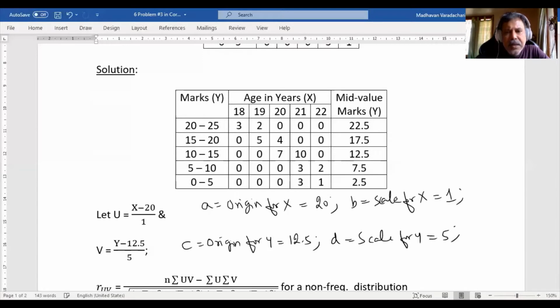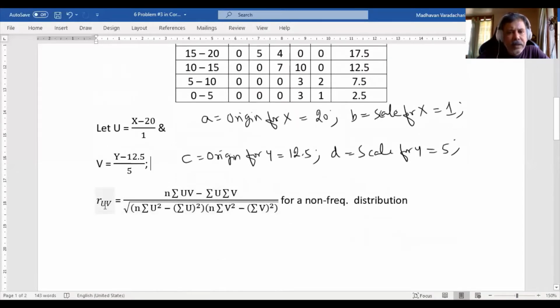Why 5? Because if you look into 22.5 minus 12.5 will give you 10, then 17.5 minus 12.5 will give you 5, 12.5 minus 12.5 will give you 0, 7.5 minus 12.5 will give you minus 5. So all these numbers after subtraction are all divisible by 5. That is why I considered here the scale as 5.